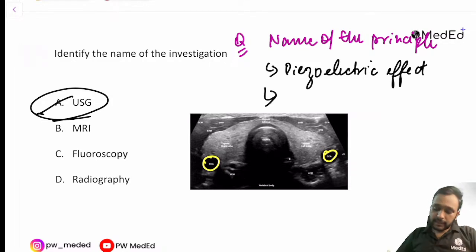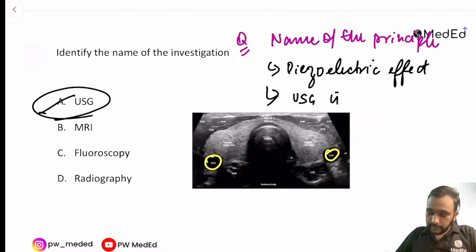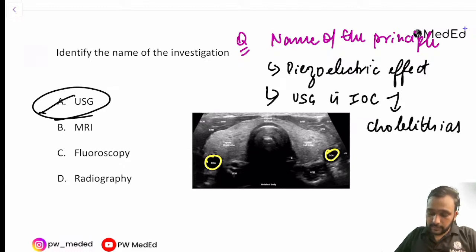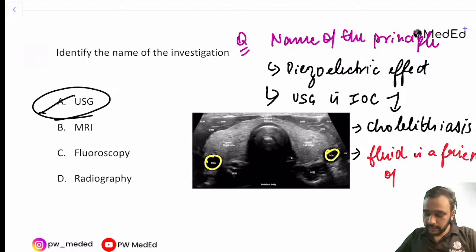So can you tell me for which important cases ultrasound is the investigation of choice? Remember, ultrasound is the investigation of choice in cholelithiasis, right? Your gallstones are very well visualized on ultrasound. Remember that fluid is a friend of ultrasound.